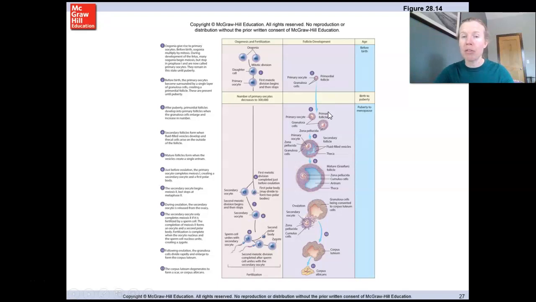So a primordial follicle becomes a primary follicle. It's still a primary oocyte inside. That tends to confuse people, that we're changing stages of our follicles, and the oocyte is just hanging out there. But this primary follicle still houses a primary oocyte.